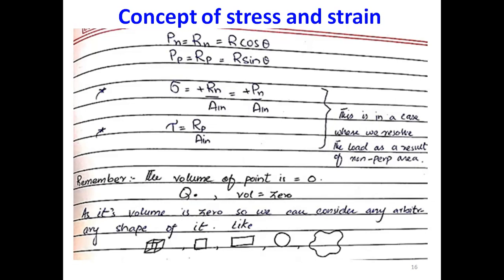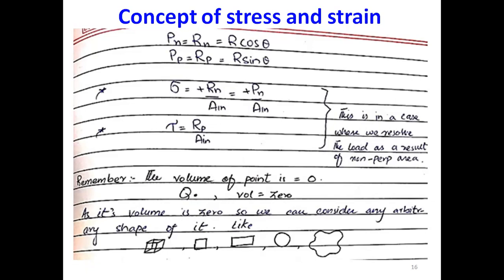As its volume is zero, we can consider any arbitrary shape for a point, for example a circle, rectangle, square, cube, or cuboid.